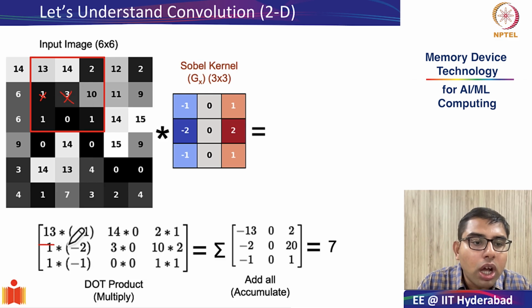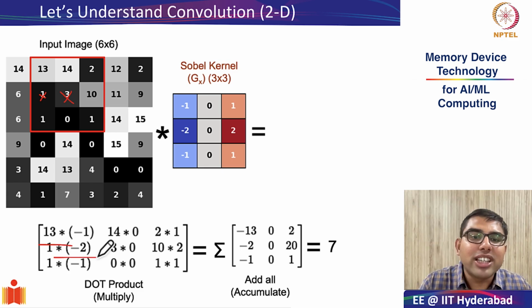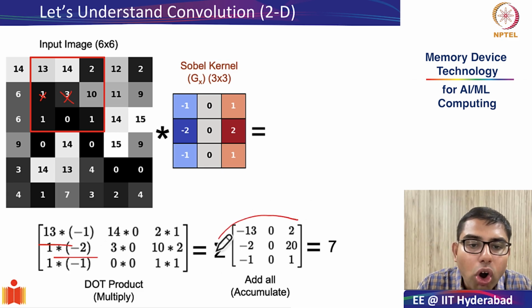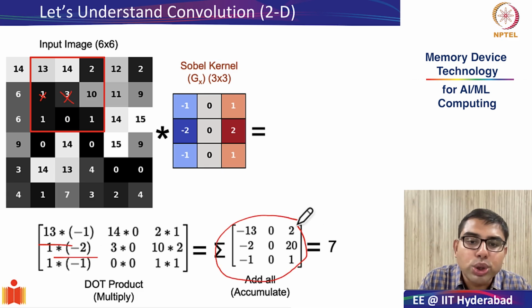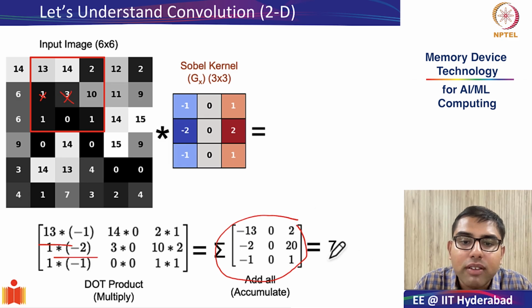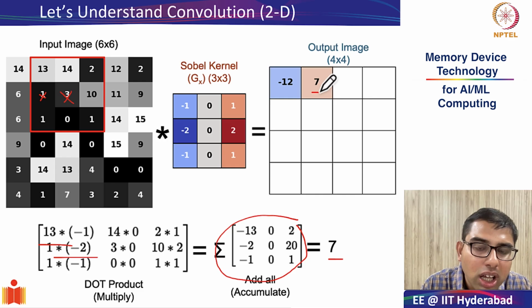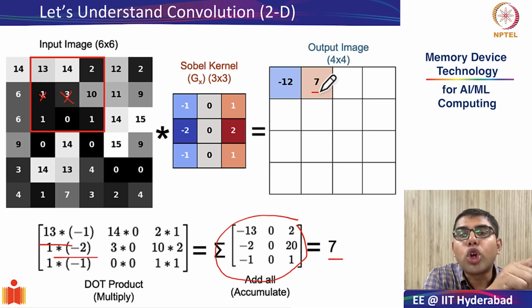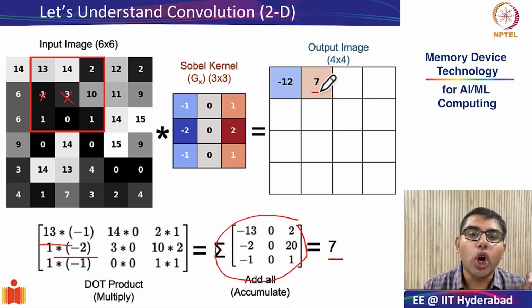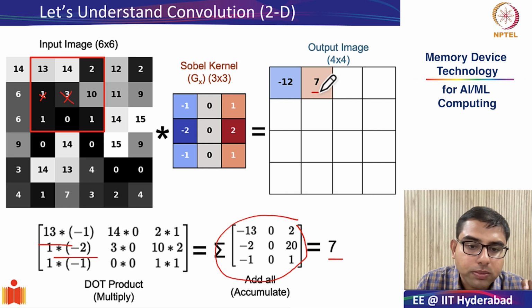First you perform a product, element-wise dot product, and then you sum up all these values that you obtain from the product, and the value that you get is 7, and this forms the second element in the top row of your output image.